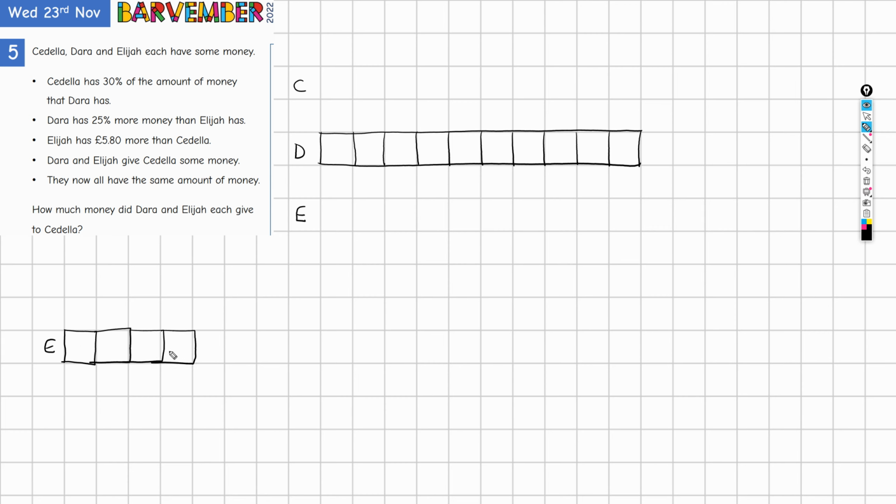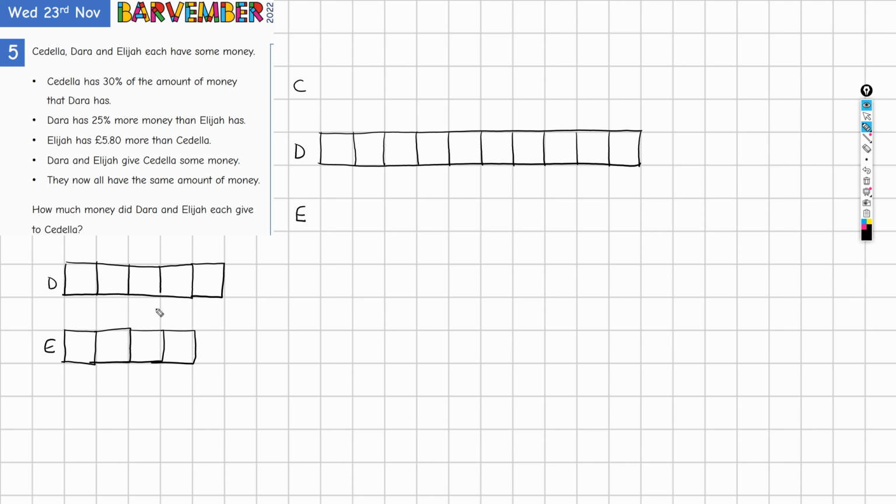So Elijah has four parts because we are thinking about it in terms of quarters, 25% here. So if Elijah has these four parts, it means that Dara must have the same as Elijah plus the 25%, so that's one of these parts here. And as you can see, that means that Dara has 5 parts to Elijah's 4.